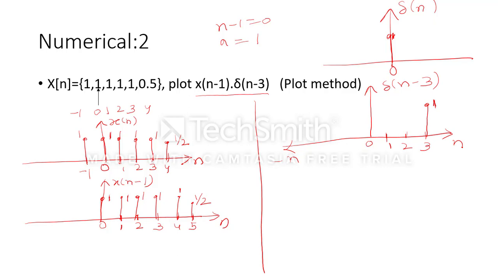Now we have to multiply this signal with this signal. Obviously the multiplication will be present at the position of 3 only, because the other values are 0 in case of delta n minus 3.